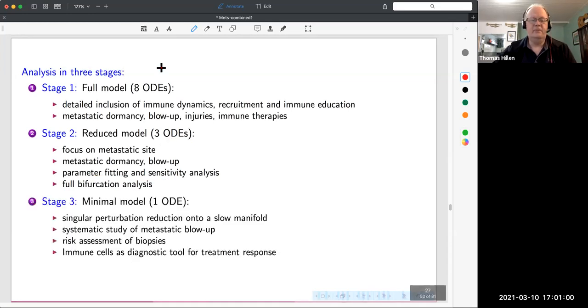And then in stage 3, we reduce everything to 1 ODE. That made me very happy because I can analyze 1 ODE, and actually, we can really learn something from this 1 ODE for the entire system. This is done using singular perturbation, reduction on a slow manifold, and I'll show you some of the details in a second.